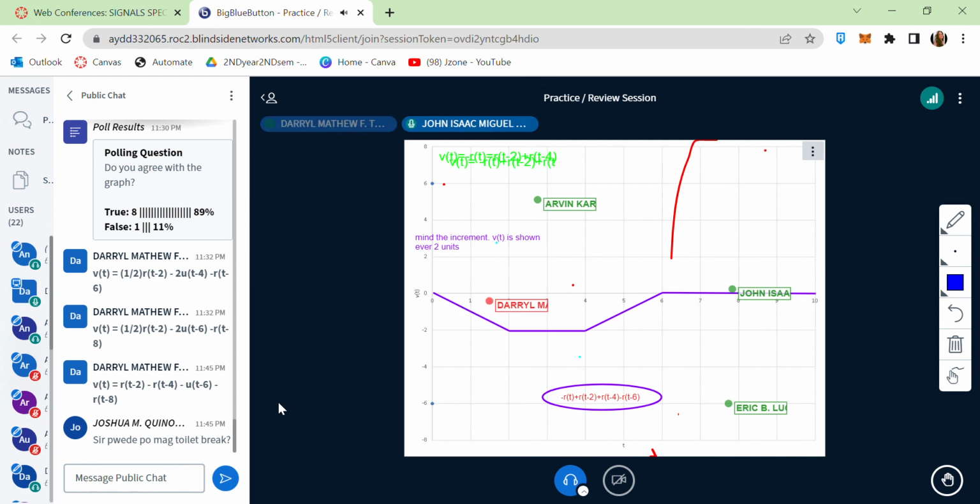I'm getting to that. So sigurado tayo yung rise niya is negative 2 and then yung run niya is positive 2. So effectively, negative 2 over 2 yun. Ano yung negative 2 over 2? Diba negative 1 lang yun? That's why negative 1 yung unang part.